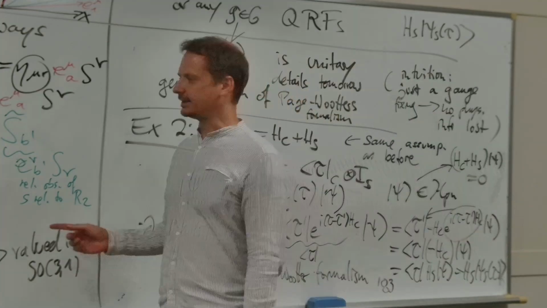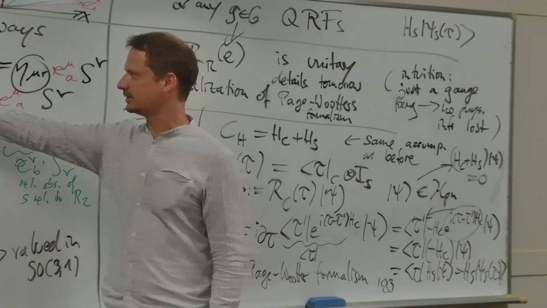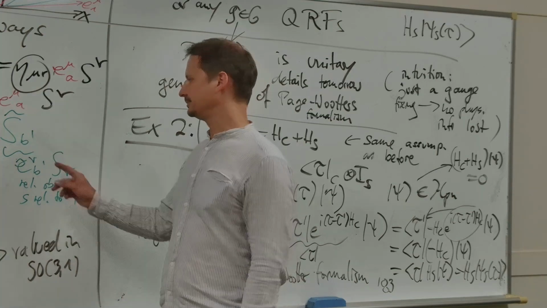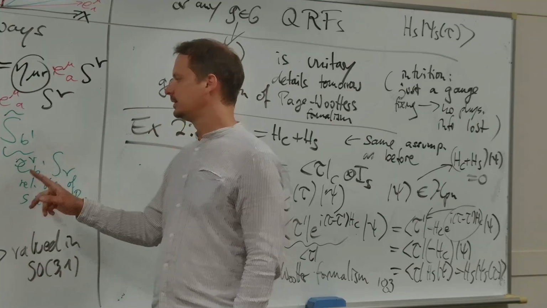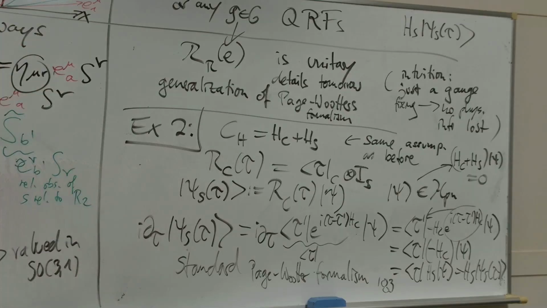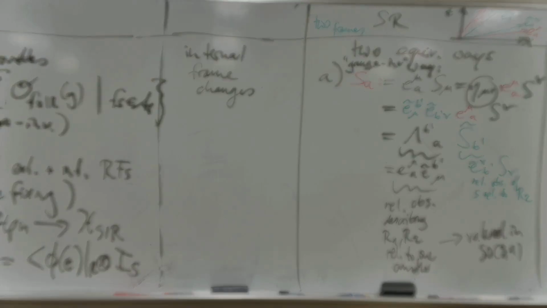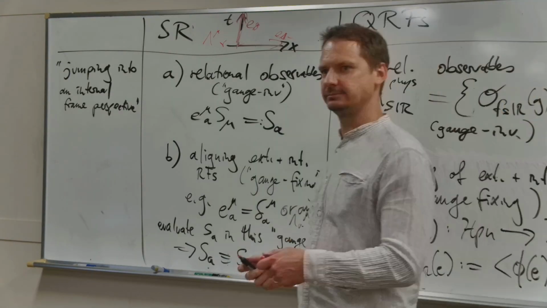So I can view the old relational observable as the new relational observable, relative to the same system described relative to the second frame, and I have to transform it by a Lorentz transformation that is given by the relation between the two frames. And everything is gauge invariant here. So if I look at this relationship here, that's the key relation. There's no space-time index there.